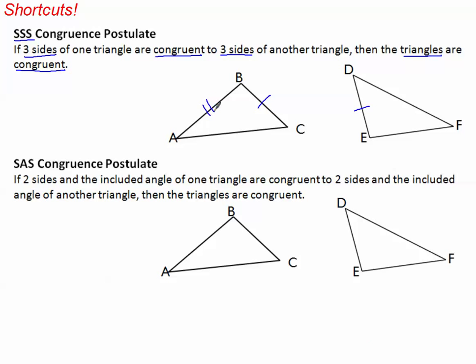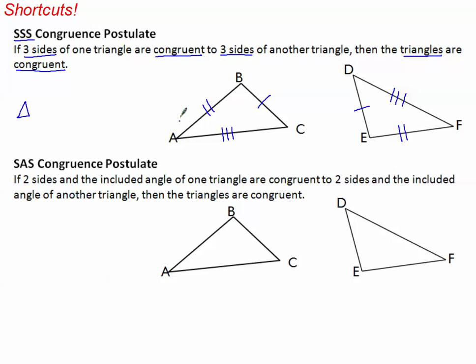Side AB is congruent to side EF, and side AC is congruent to side DF. That is enough information to say this triangle is congruent to this triangle, and therefore we can write a congruent statement.